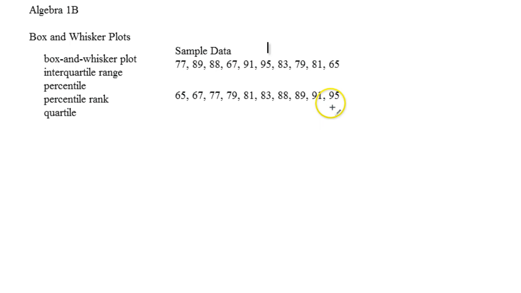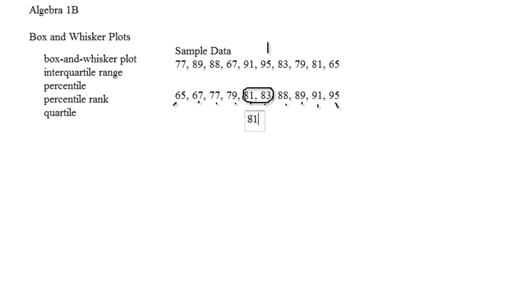Obviously the high is still 95 and the low is 65, but now I can actually start looking for the median. So what I'm going to do is count my way to the middle. 2, 3, 4, 5, 6, 7, 8. The middle is actually these two middle numbers. If you remember finding the median that way, you just find the average between the two.